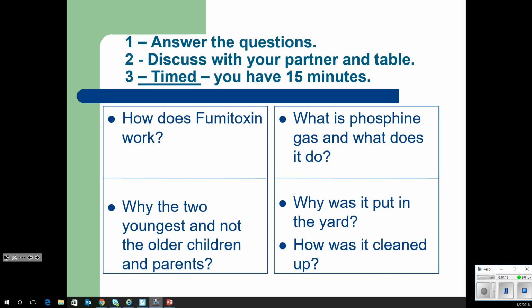Phosphine gas is heavy, it goes towards the ground. And their smaller body size had more intake of gas because they breathed faster. And because they breathed faster, they had more phosphine gas that actually got into them because they were in a more concentrated area.